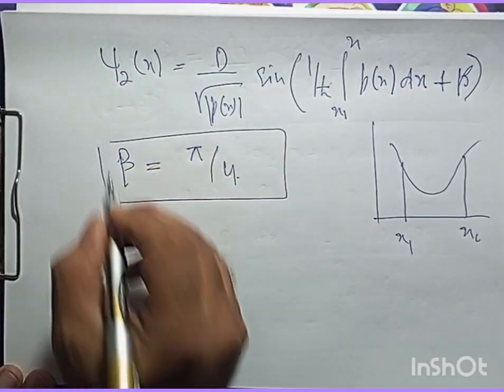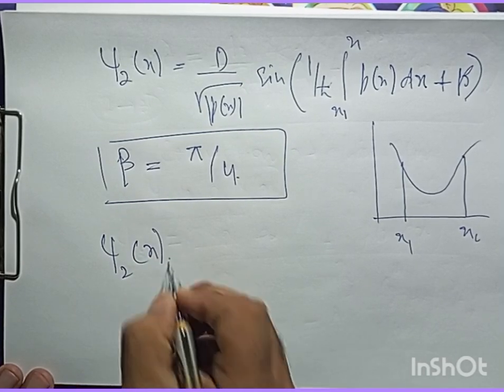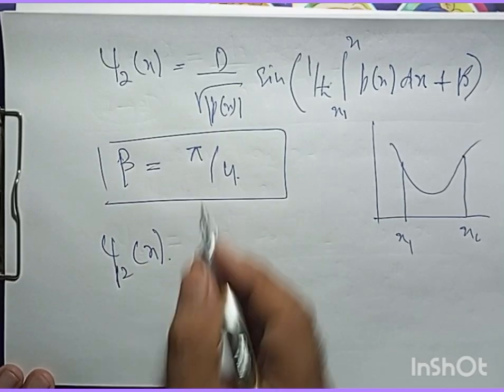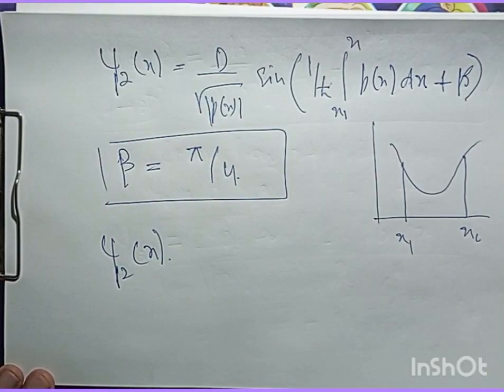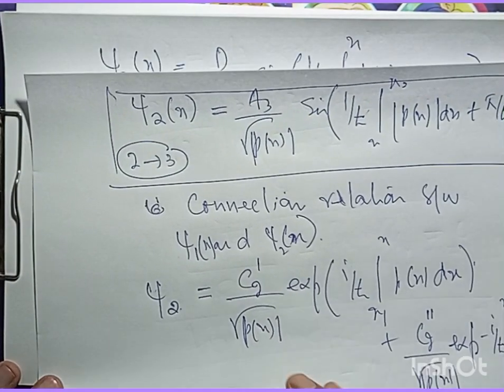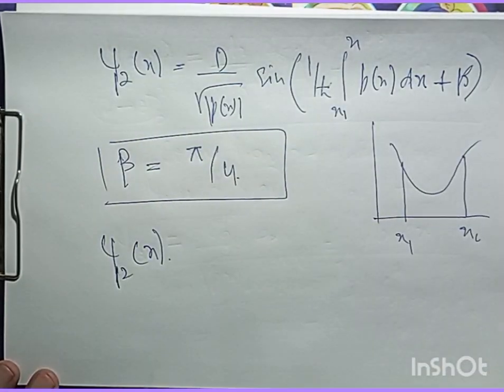So we have psi 2 of x. Now this is psi 1 2, let me call it psi 1 2 because it's a connection between 1 and 2, and this is my psi 2 3, the connection between 2 and 3.